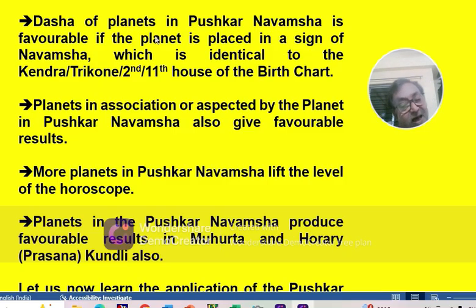So, what will happen? The Sun will also start giving the result of the Pushkar Navamsha, meaning good and favorable results. Mars will also start giving you favorable results because it is aspected by the planet in Pushkar Navamsha.